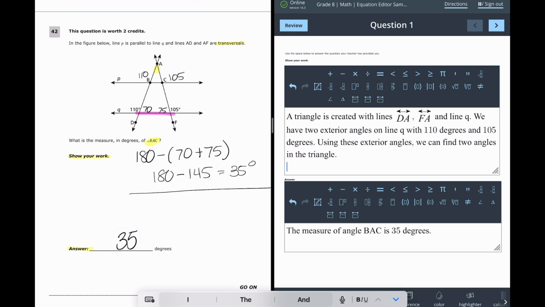Let's see. How do I explain this first part? Using the exterior angles, we can find two of the angles of the triangle. For angle 110, I used its supplementary angle. We can say that in a better way.